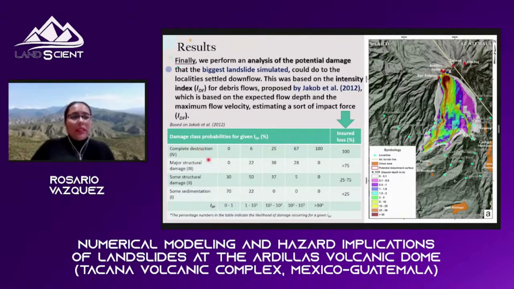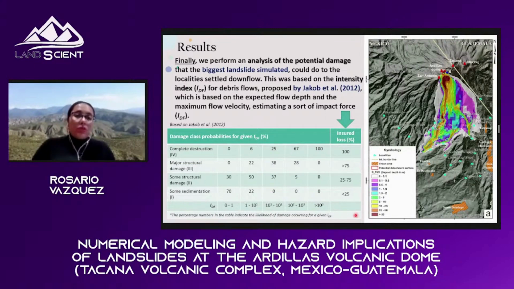And those authors propose a damage class probability matrix, where they classified according to the level of destruction or the impact done to the buildings, the level of losses that those buildings could have.